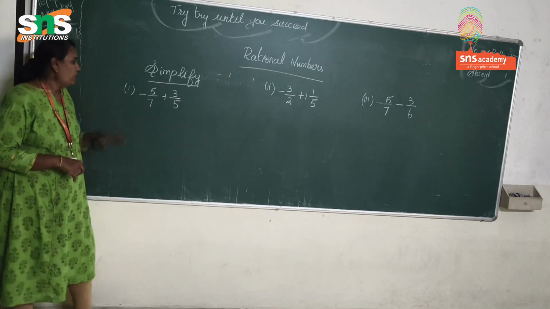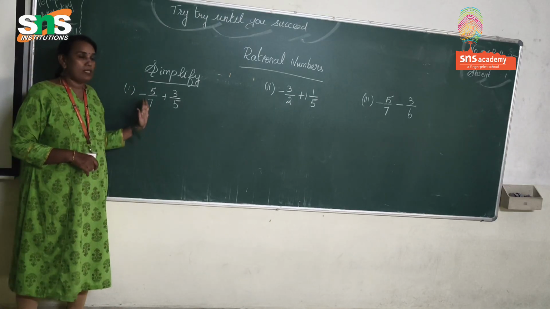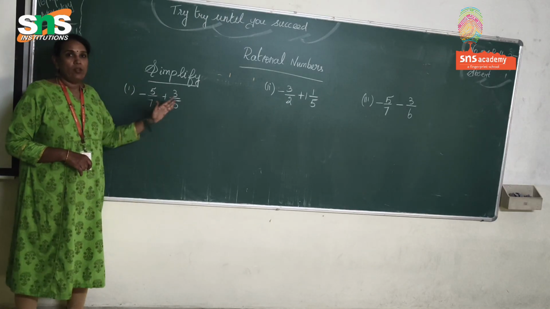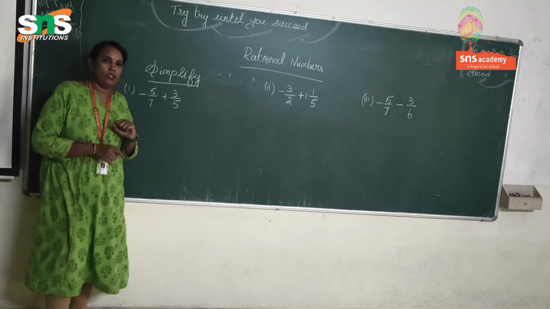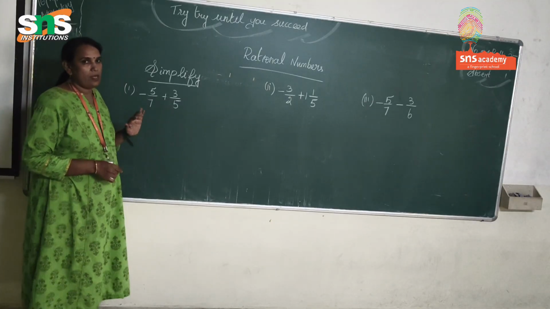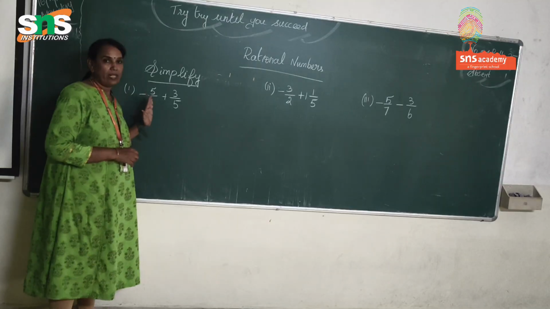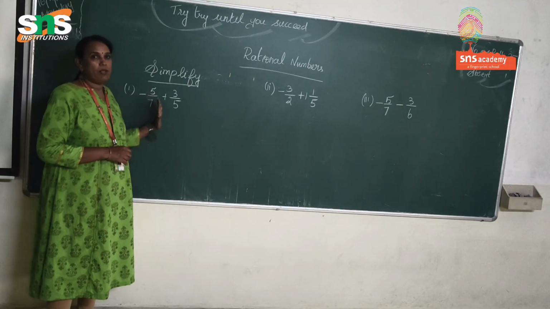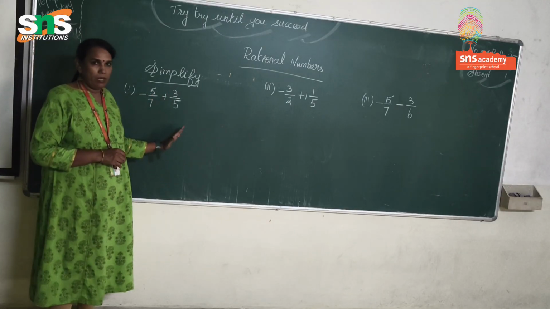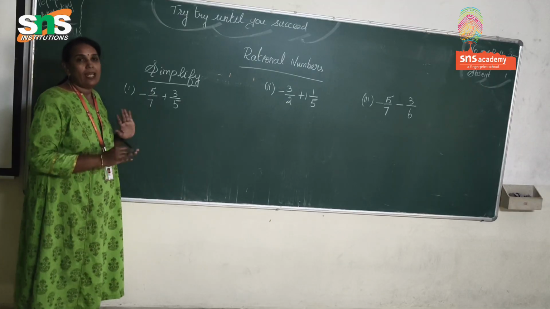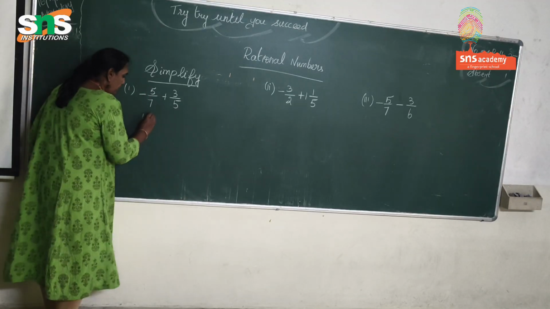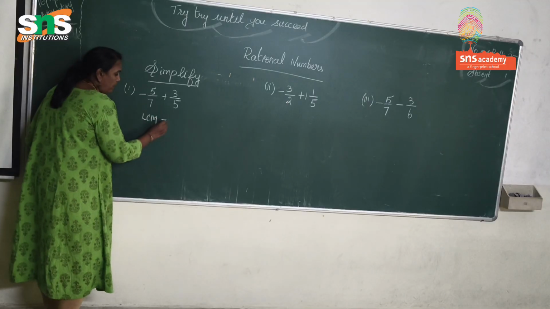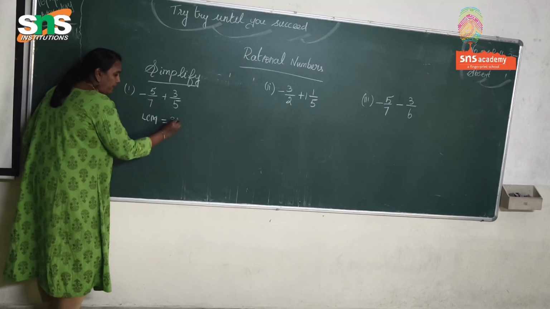So first one, minus 5 by 7 plus 3 by 5. When you observe, the denominators are different, so we are going to find the LCM. When you find the LCM, it's very easy. 7 is a prime number and 5 is a prime number, so surely the LCM will be the product of 7 and 5. So LCM is 5 sevens are 35.